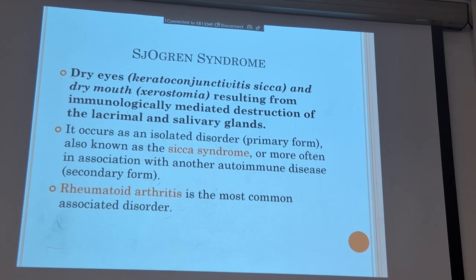Sometimes you have Sjogren's syndrome alone. It is called the primary form, or sicca syndrome, and sometimes it's associated with other autoimmune disorders, mostly rheumatoid arthritis. So sometimes primary, sometimes secondary, most of the time with RA.